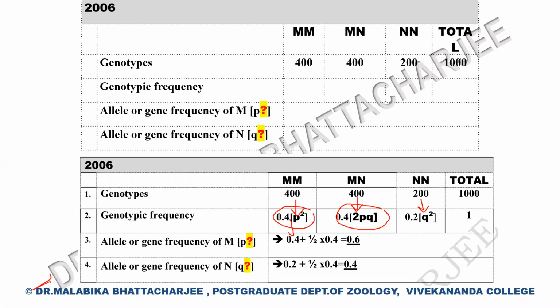So p square plus half of 2pq gives 0.6, which is the allelic frequency of M. And for N, you used the value of q square plus half of 2pq, and you got the value of 0.4.